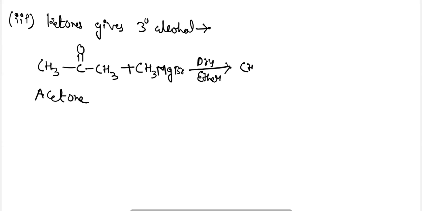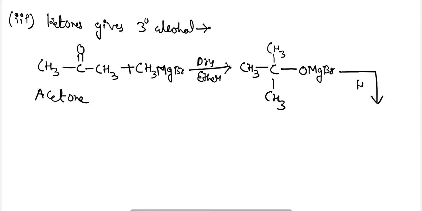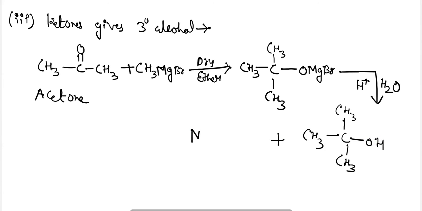It will give the addition compound, (CH3)3C-OMgBr. Then this addition compound, on hydrolysis, will produce an alcohol, and that alcohol will be a tertiary alcohol, and Mg(OH)Br will also be produced.